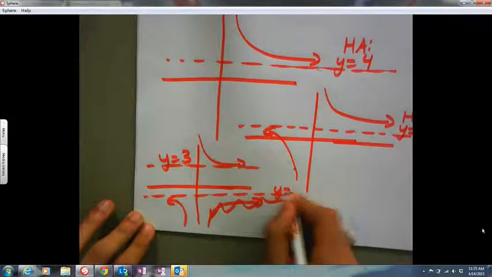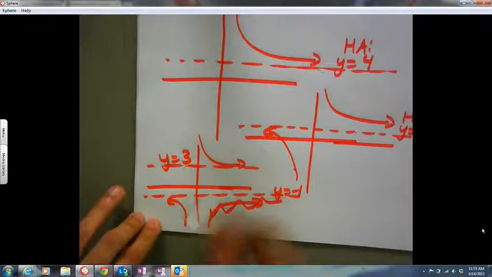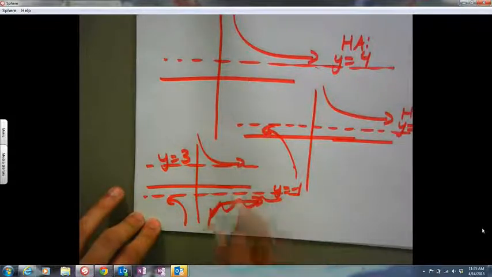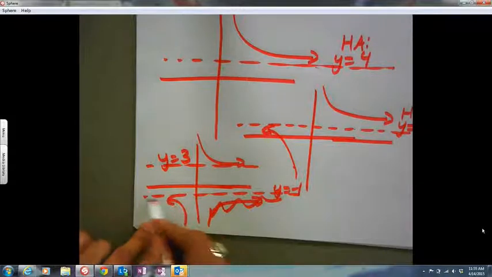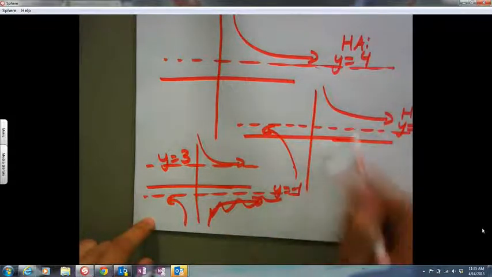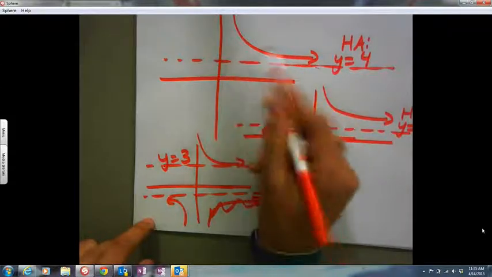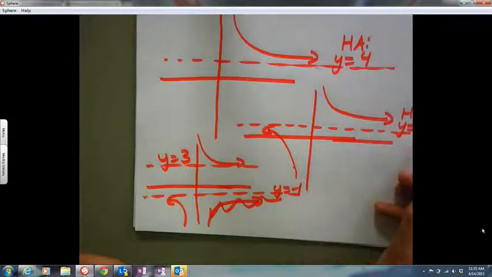In other words, you could have two horizontal asymptotes that are different, one from the positive infinity side, one from the negative infinity side. Any of these are possibilities. This one happens to have two horizontal asymptotes. This happens to have one. This happens to have one also. It does not matter. The key is what is happening at infinity, what is happening at negative infinity. Questions?